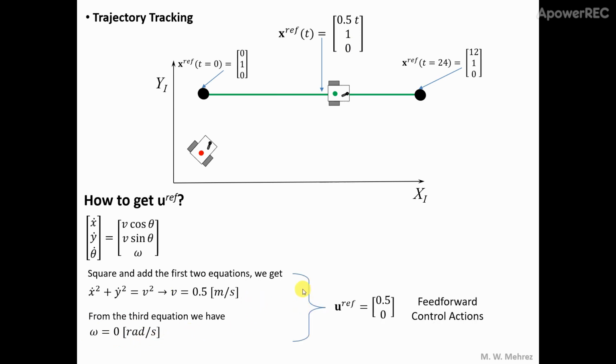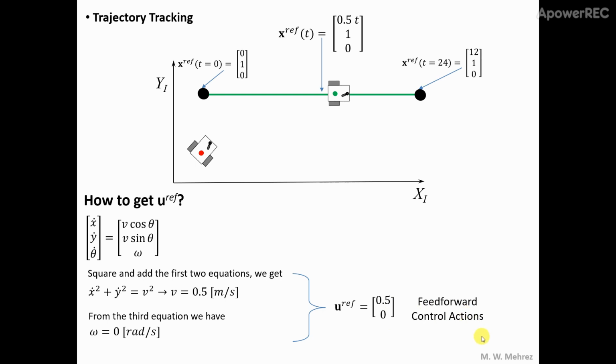Actually, these two values form my uref, or the reference control actions. So we have a 0.5 meters per second reference control for v, and the 0 radians per second reference control for the angular speed. Actually, this uref is also called the feed forward control action.